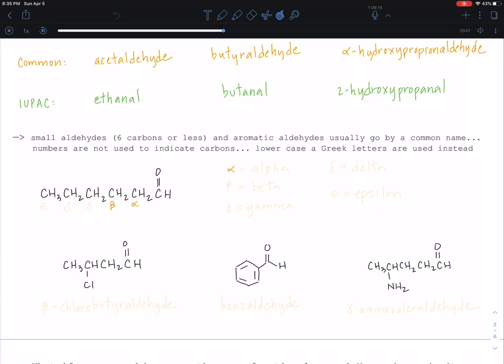So I can write these over here. This is alpha. Then we have beta. And this one over here is gamma.